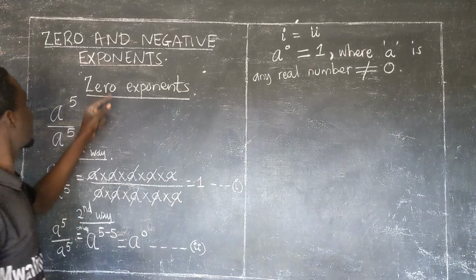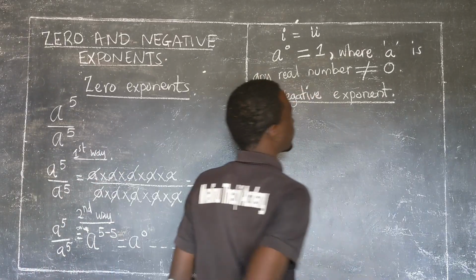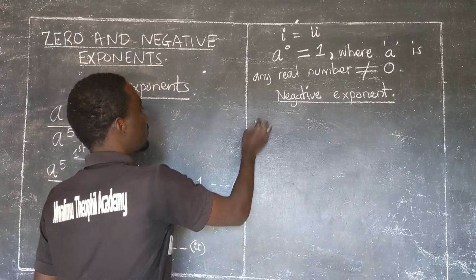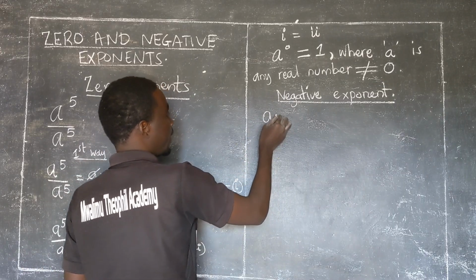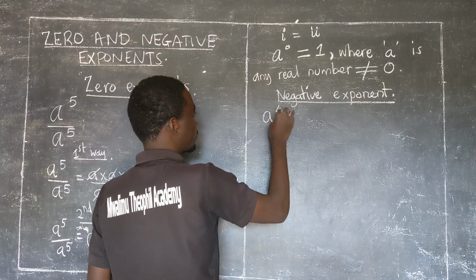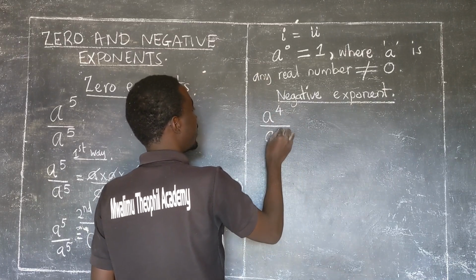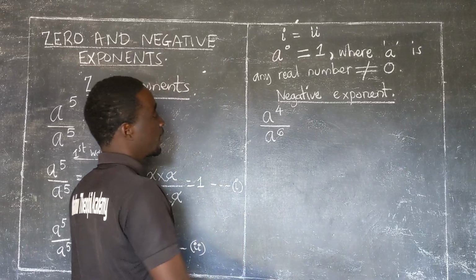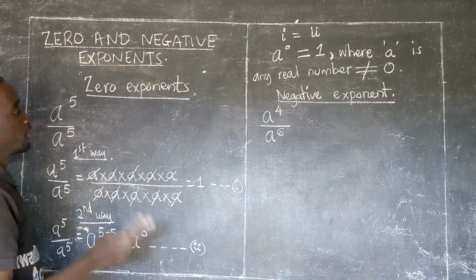Again, let's go to a second concept of negative exponent. Let's take an example. Let's consider a raised to 4 divided by a raised to 6. Now we may solve this the same as we have done here in 2 ways.